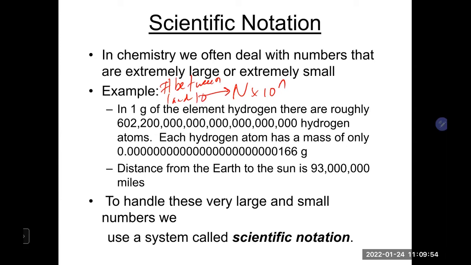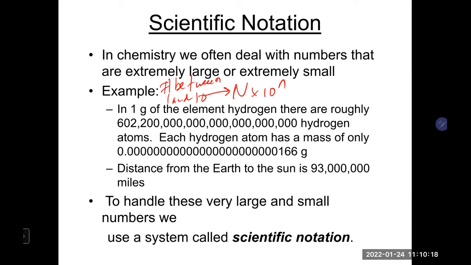It is a number between 1 and 10. One digit before the decimal. So it does need to be written as a number between 1 and 10, and it cannot be 10, it cannot be 20 or 100. It can't be less than 1 either.